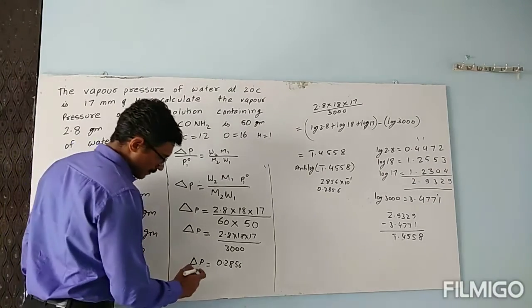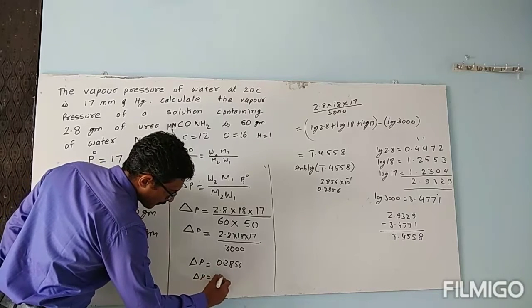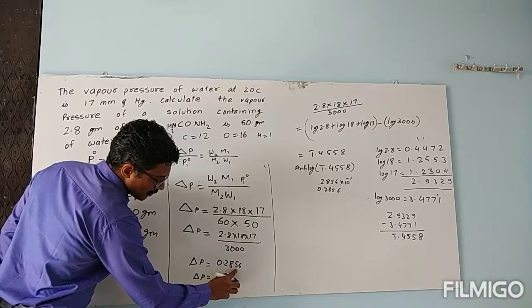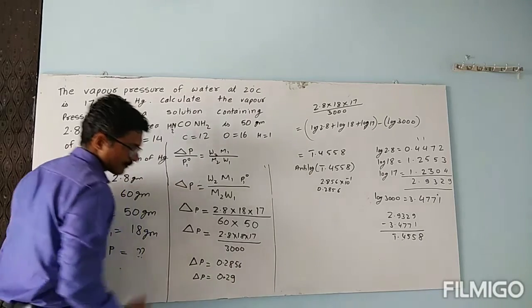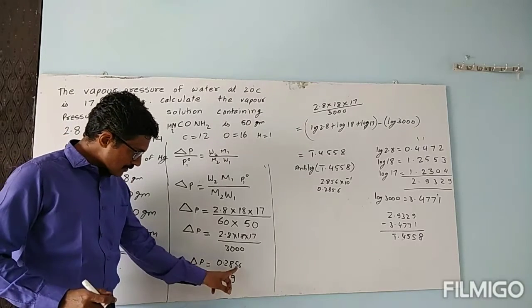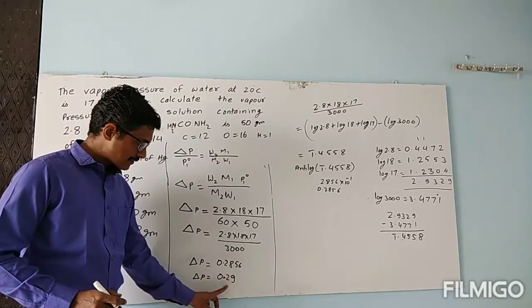Dear students, I will take a round figure here. Now after 8 it is 5. So I will leave all other digits and I will make it 9. That is the standard rule. If this number is 5, make it 9 and leave other things.